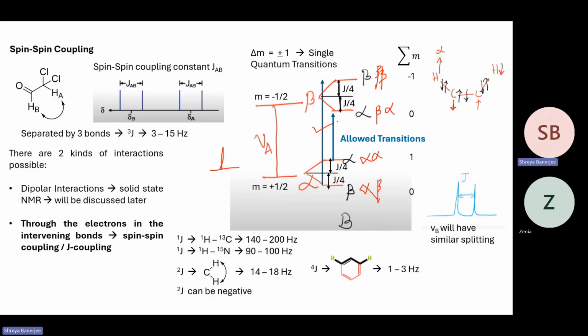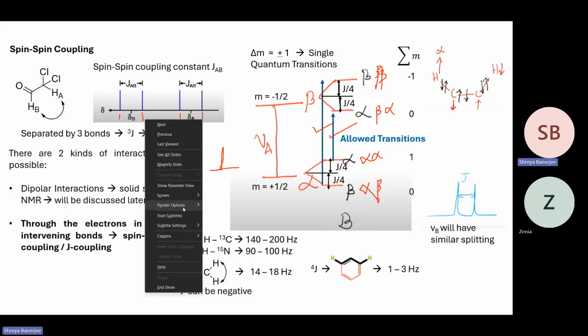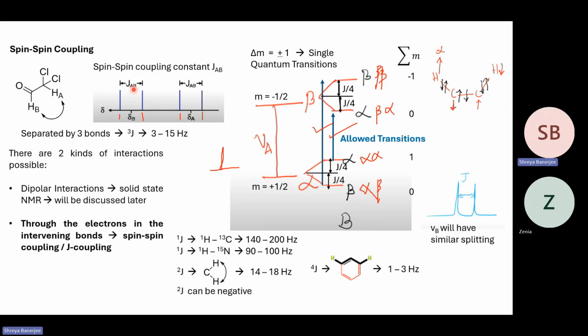These are the two allowed transitions. So A will split up into two peaks. Similarly, B will be split up by A into two peaks. And the difference in chemical shift between these two peaks is called the J coupling constant, and it is equal whether A is split by B or B is split by A. So this is how spin-spin coupling happens.